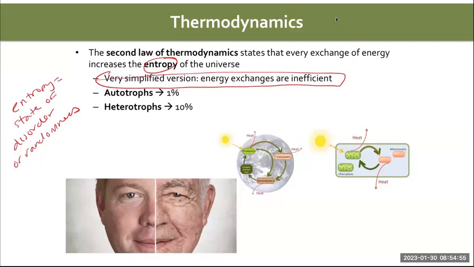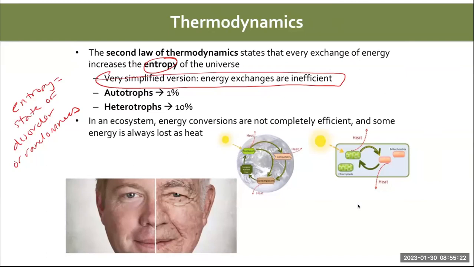But as it applies to ecosystems and energy transformations, generally speaking, you have about a 1% efficiency for autotrophs, which are the producers doing photosynthesis, meaning only about 1% of the sun's energy is actually incorporated into biomass. For heterotrophs and for consumers, it's around a 10% efficiency, and I'm going to elaborate on that in more detail. So the key take-home point here is that in an ecosystem, energy conversions are not completely efficient, and there's always some energy lost in the form of heat.